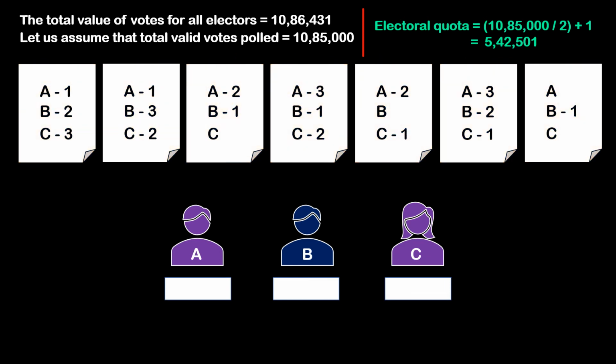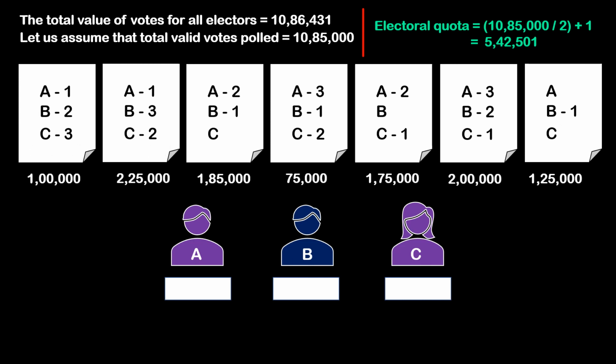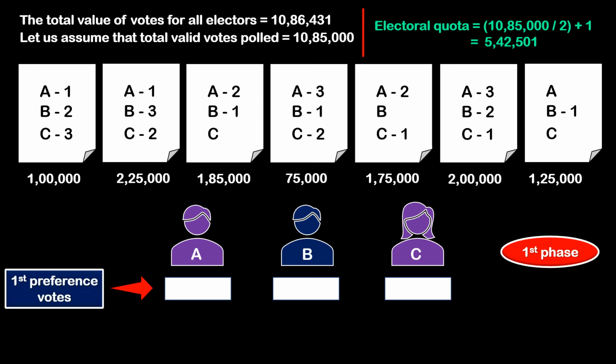Now the electors will cast their vote and on a pre-decided date the counting will begin. Suppose these are the electoral college votes against these combinations of ballot papers. In the first phase, the first preference votes of the candidates are counted. The votes in all the ballot papers where candidate A has received the first preference will be added.